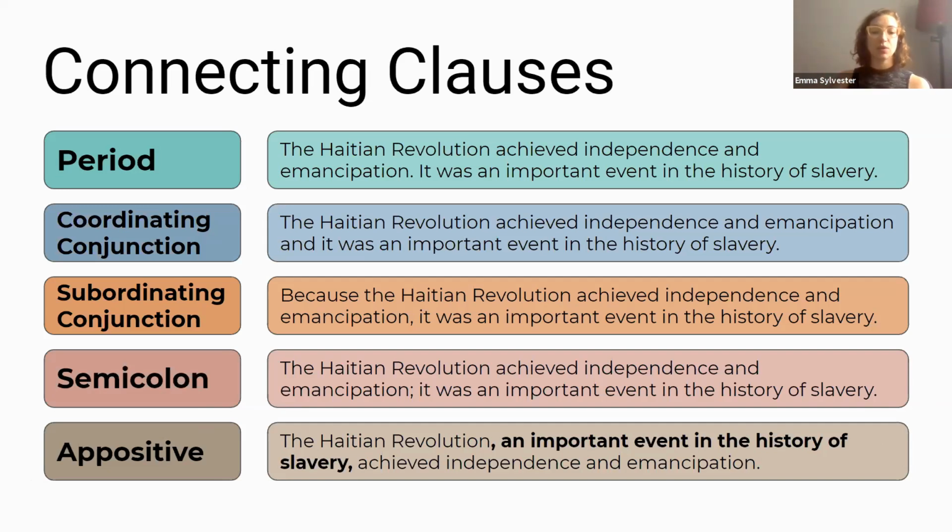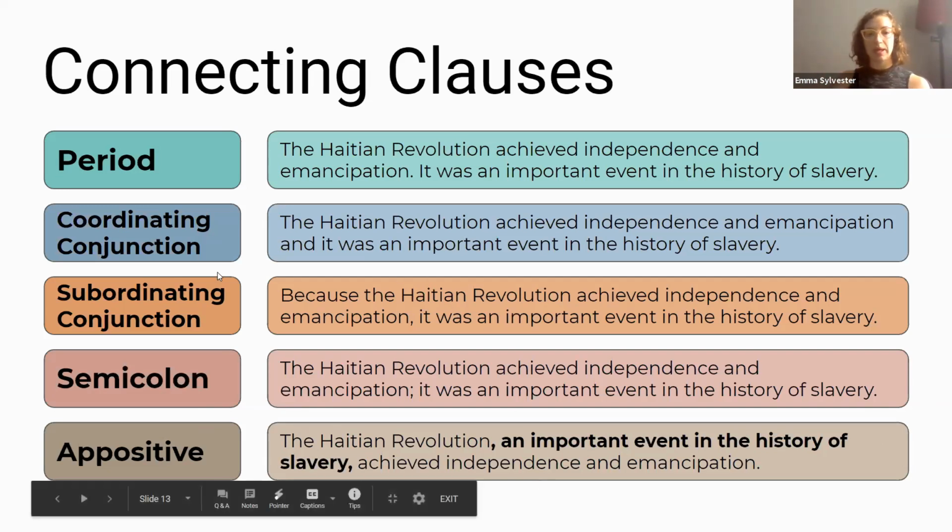And it also communicates much like the subordinating conjunction a little bit more information. So we're communicating that the Haitian Revolution is an important event, and through being an important event, it achieved independence and emancipation.